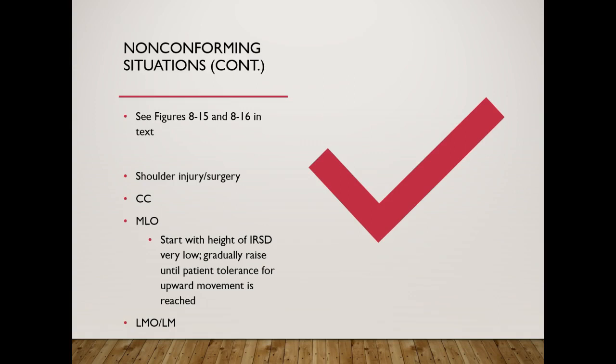And it's just a matter of trying different things, moving the height of your detector, gradually raising the patient's arm until they reach their limit, and then just trying those usual different views that we've talked about, the lateral medial oblique versus the medial lateral, or a lateral medial 90 degree.